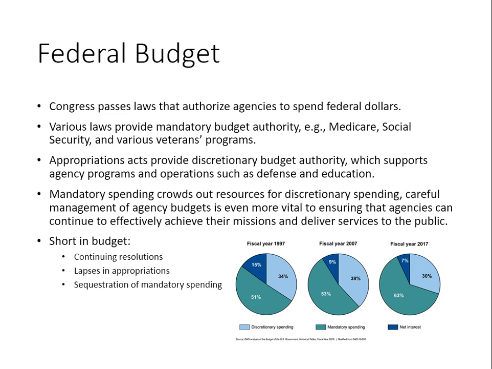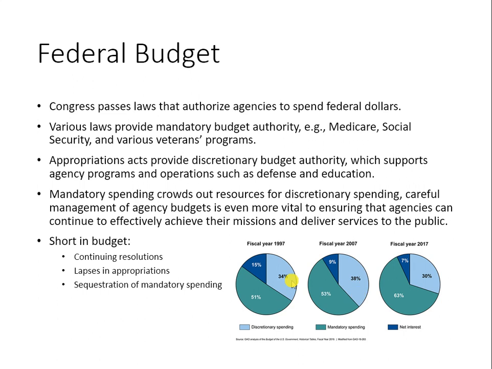They are already laws, so we have the mandatory budget for those programs. If you look at graphs, the mandatory spending is already over 50% of the total budget. There is still a portion of discretionary spending.